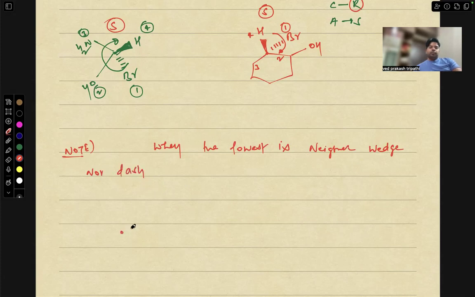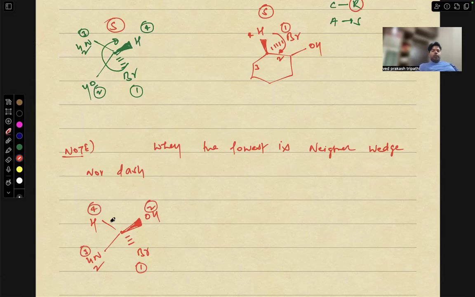For example, this case. So how can we decide the R and S over here? So first job is to decide the priority. So bromine would be 1, oxygen 2, nitrogen 3, and hydrogen is 4.